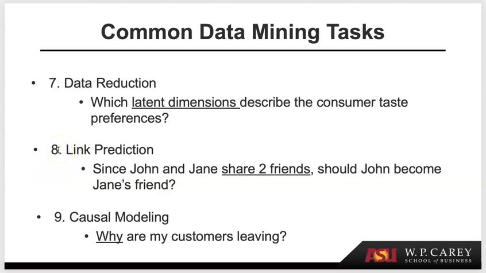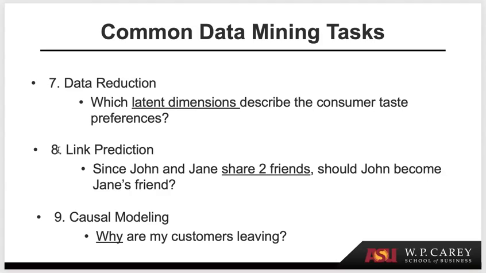Next up, link prediction. It predicts the presence as opposed to absence of a link or an edge in a network. So think about friend recommendation on a social media platform such as Facebook. If John and Jane share many mutual friends, but they are still not friends with each other, then the platform may introduce Jane to you if you are John, and vice versa.